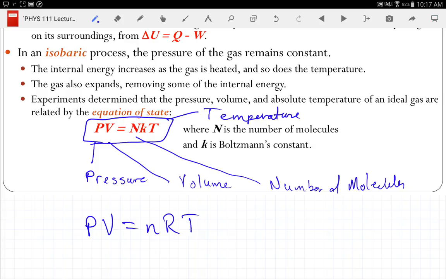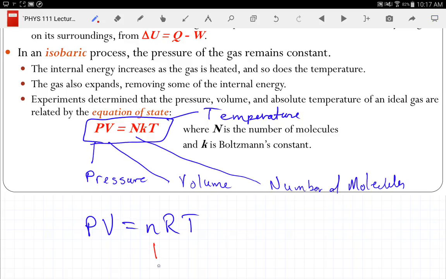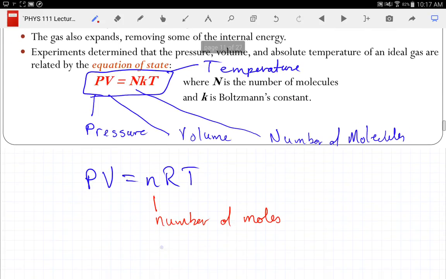It's only different in 2 things. We have a lowercase n, and that's the number of moles. What is a mole? 1 mole is equal to 6.022 times 10 to the 23rd molecules. So that's just a different unit to tell us how many molecules are present.